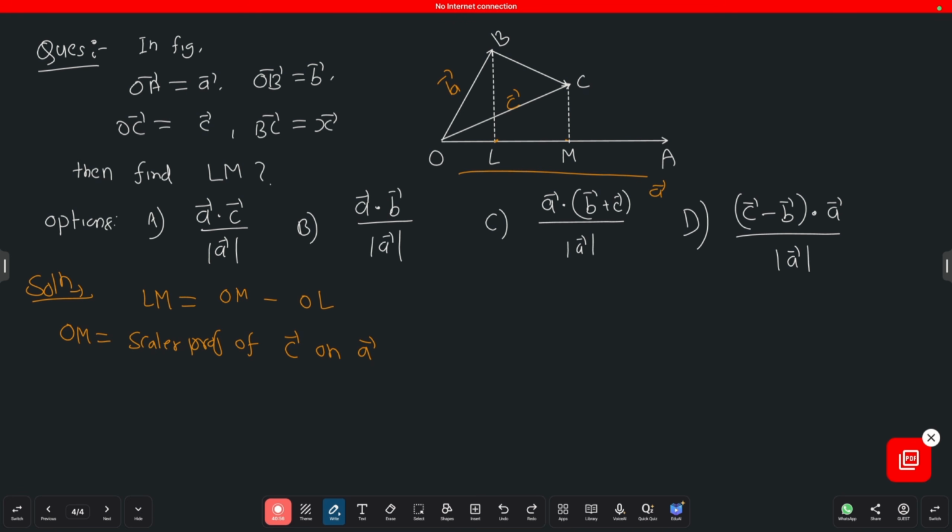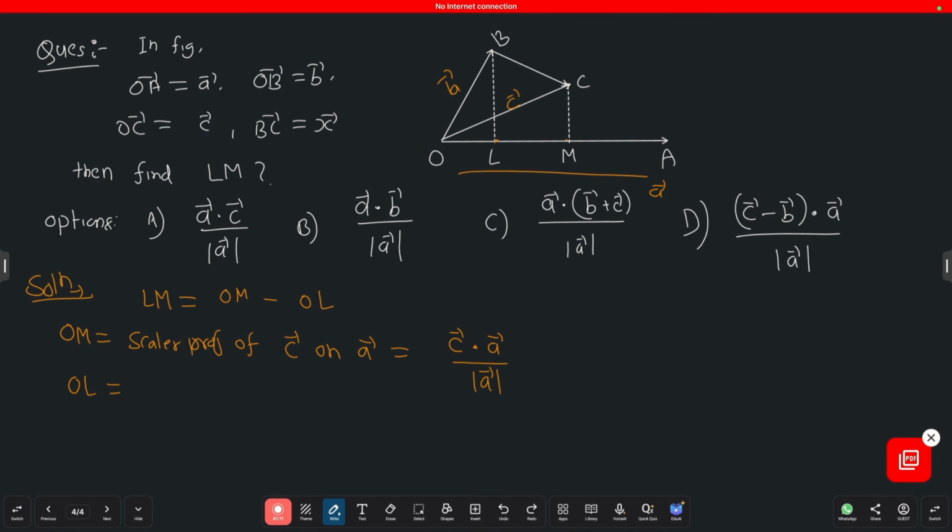Then what is the formula? C vector projection on A vector is C dot A upon mod A. Then what is OL, students?